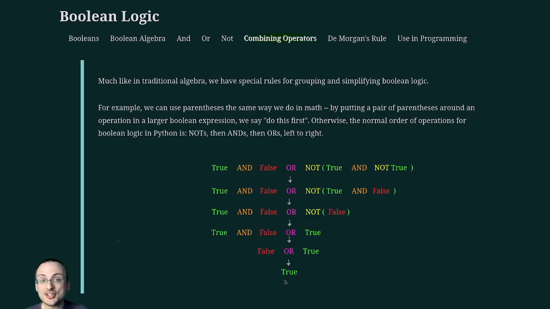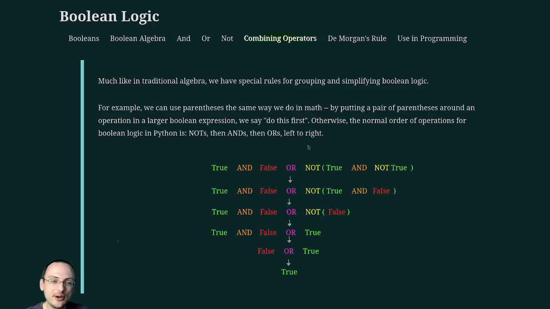So Boolean logic, there are literally entire college courses dedicated to studying it and all of the rules, just like how algebra has rules like the rule of associativity and commutativity and distribution. There are similar rules in Boolean logic. A lot of them will look very familiar to you if you have any background in algebra.